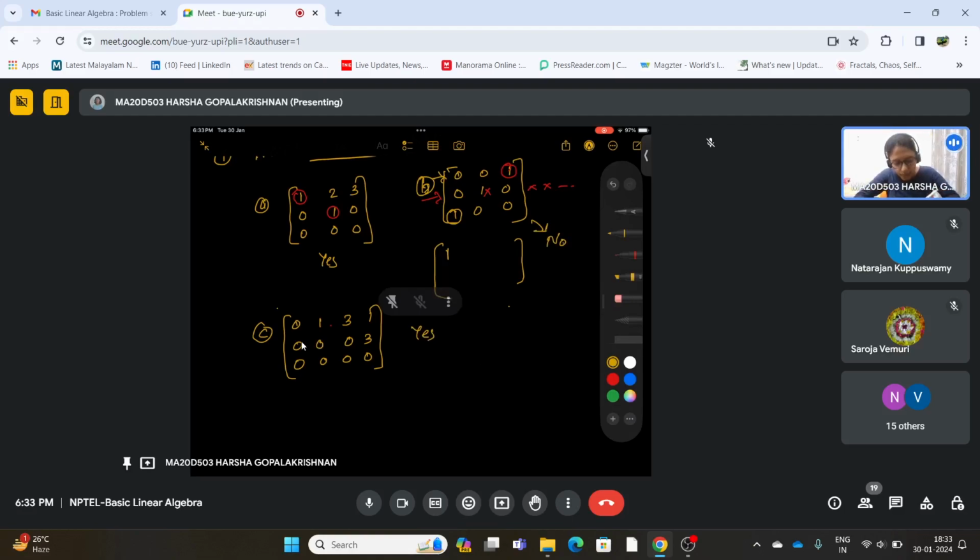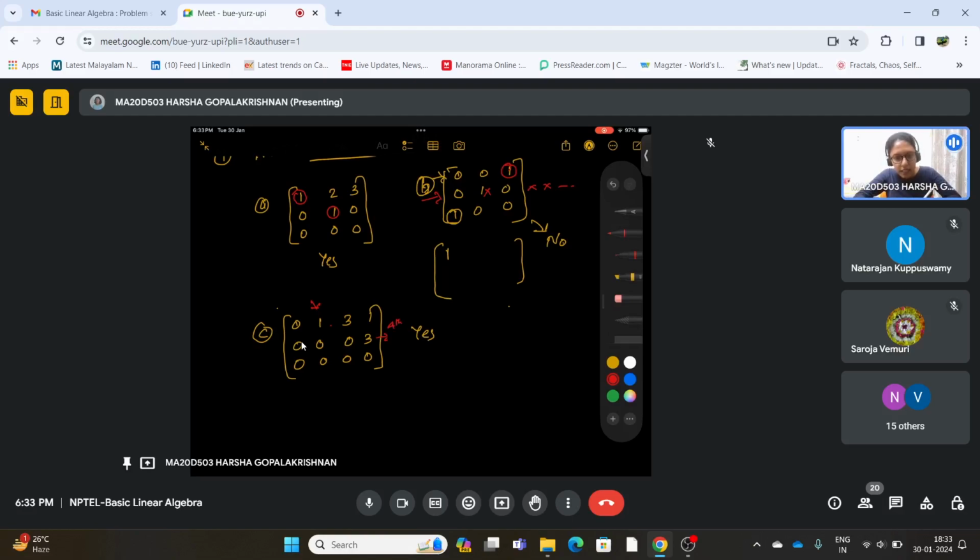In the first row, the first non-zero entry is 1. In the second row, the non-zero entry is 3 and it is in the fourth position. Fourth is after the second position.